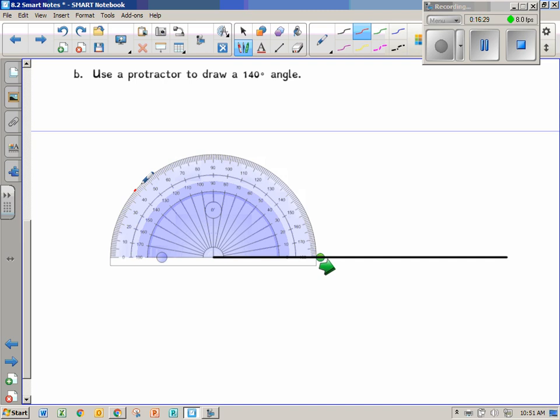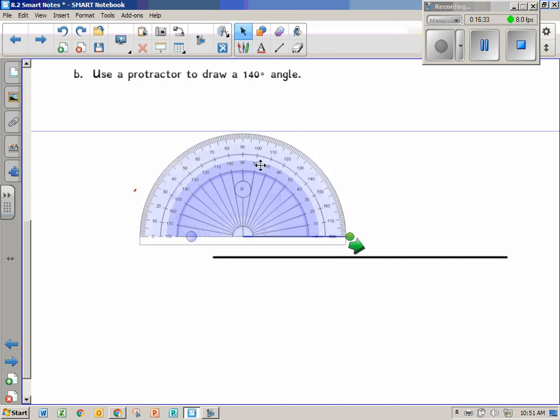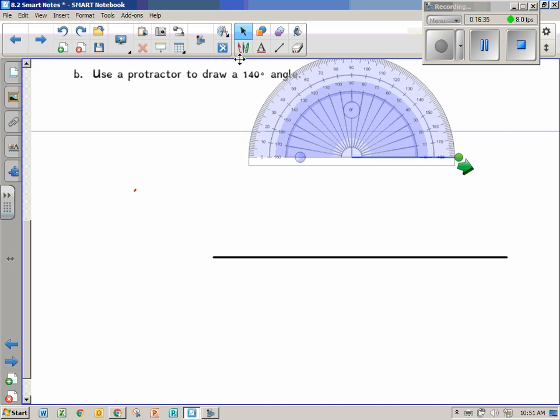So again, you can make a little mark, move your protractor out of the way, and then draw a line through your mark. And I'll put some little arrows on it. And this is a 140 degree angle.